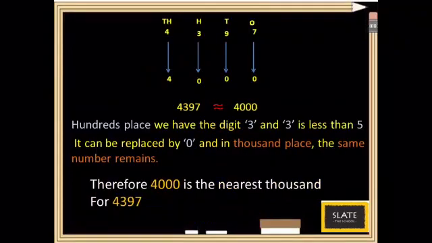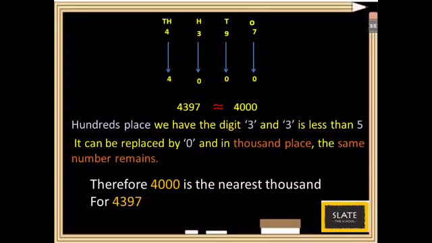Here in the image, as you can see, in the hundreds place we have the digit 3 and 3 is less than 5. So it is replaced by 0. And in the thousands place the same number remains. Therefore 4000 is the nearest thousand for 4397.